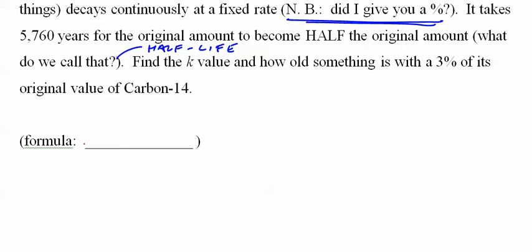And that means you need to see the formula. This is decay, exponential, no percentage given. So we want to know what the k value is. We have half-life. The original amount over 2 is the original amount times e to the negative kt.